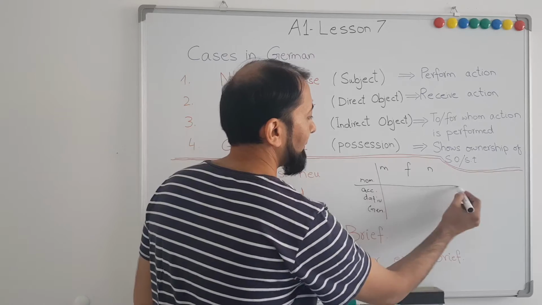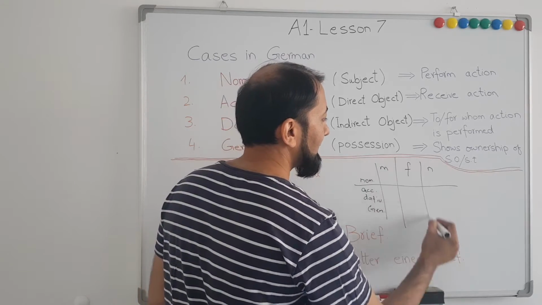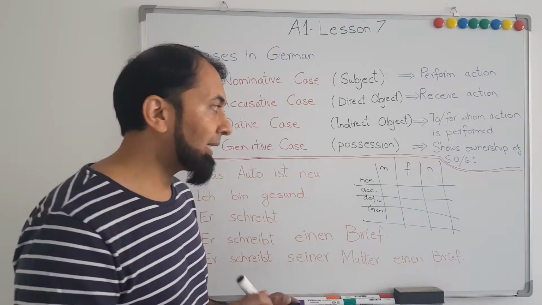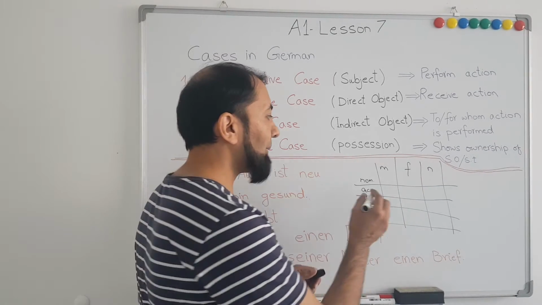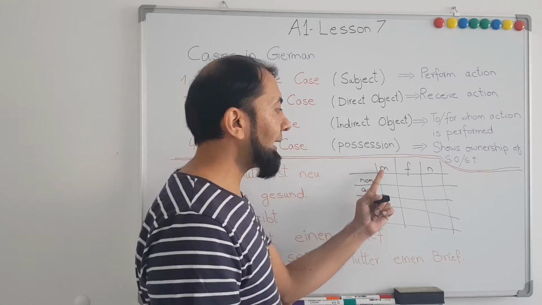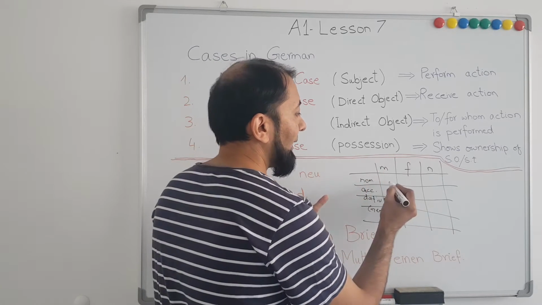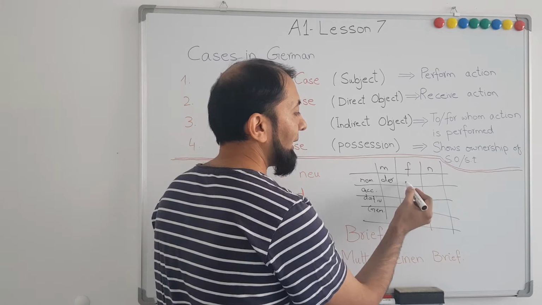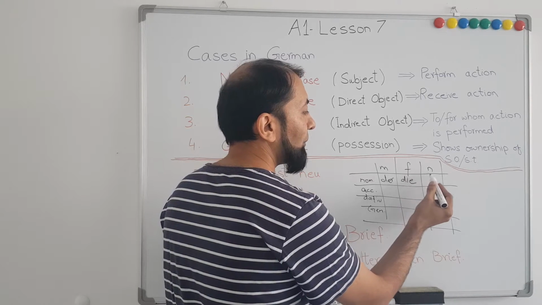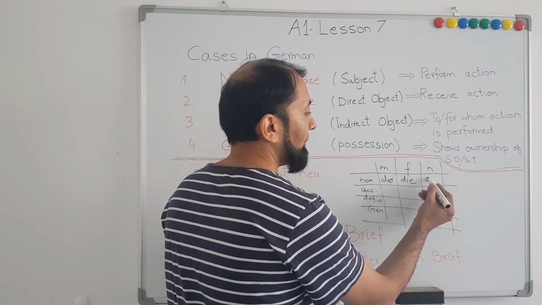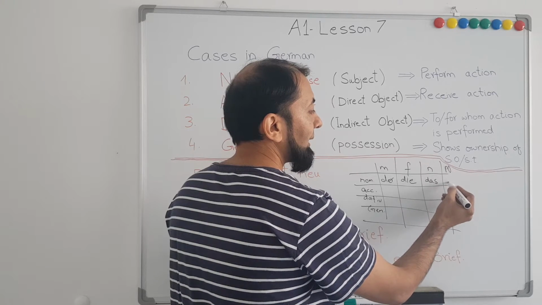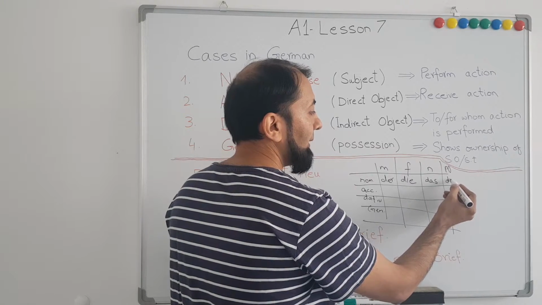The article that a noun has, for example, if the noun is masculine, the article will be der. If the noun is feminine, the article will be die. If the noun is neutral, the article will be das. And if the noun is plural, then the article will be die.